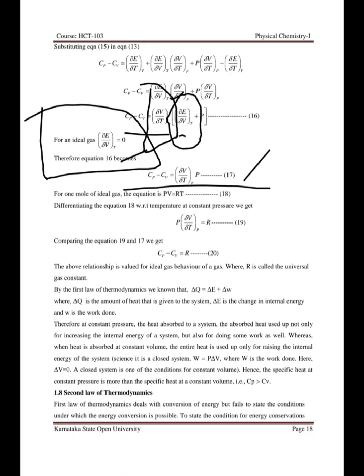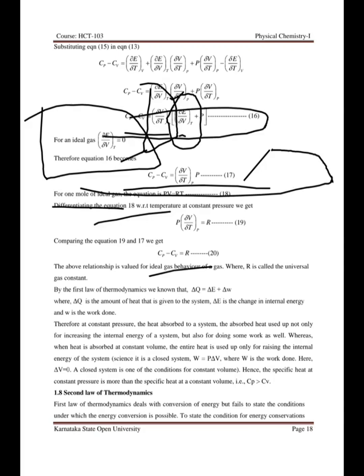For 1 mole of ideal gas, the equation can also be written as PV is equal to RT. So with respect to temperature at constant pressure, we are going to differentiate for 1 mole of ideal gas. If you get equation 16, that is enough.